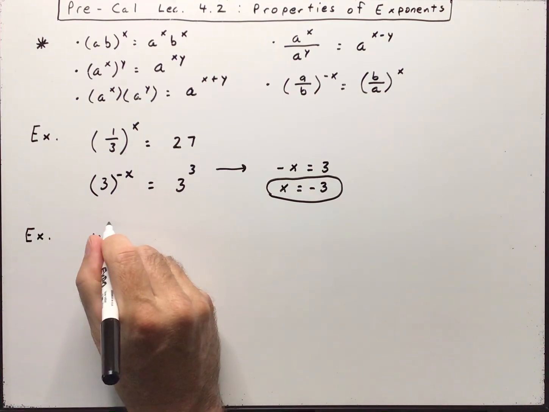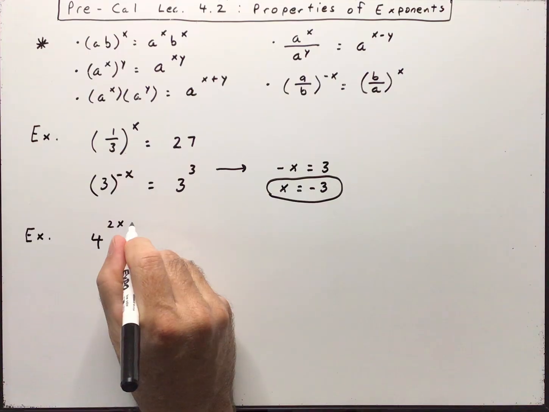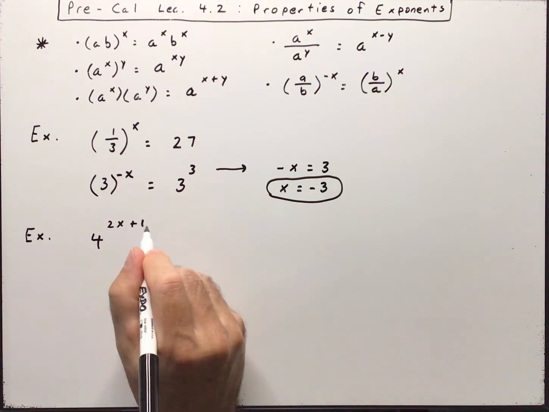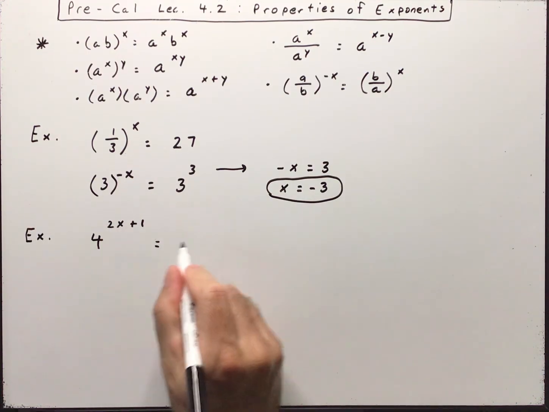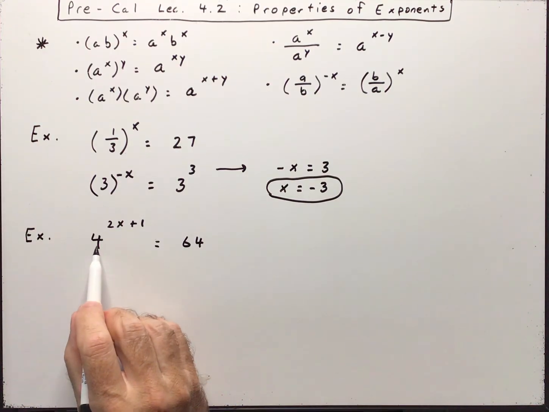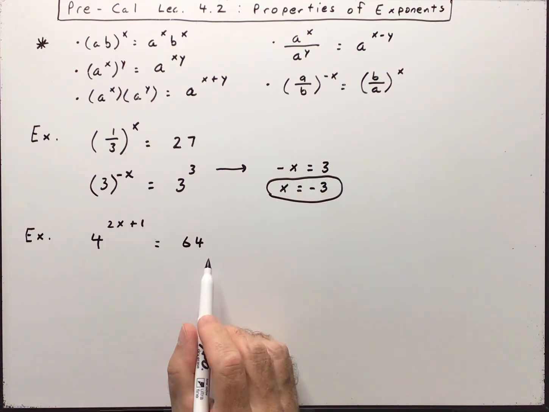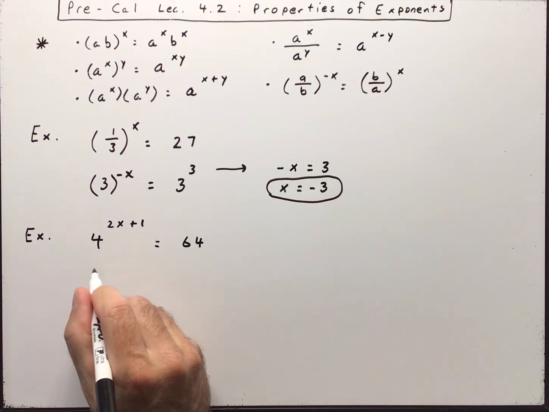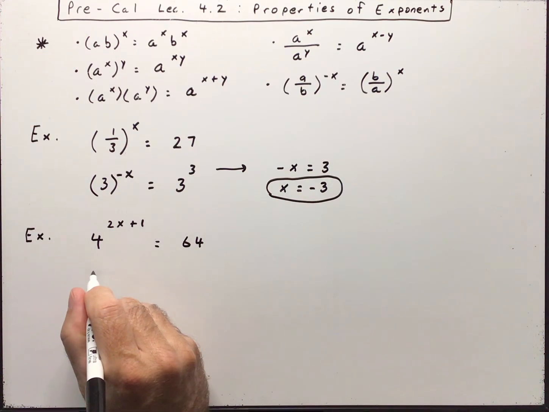And each example will get a little more fancy. So let's say we have 4 to the 2x plus 1, all as the exponent, is equal to 64. Well, what common base could we use here? You're going to need to know some of your common bases, or you could try to figure it out with your calculator.